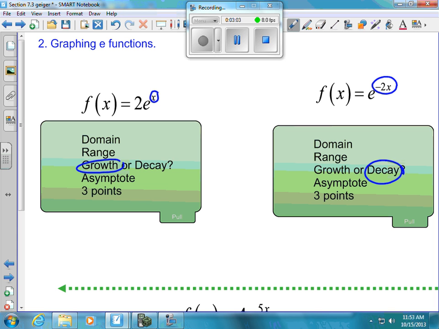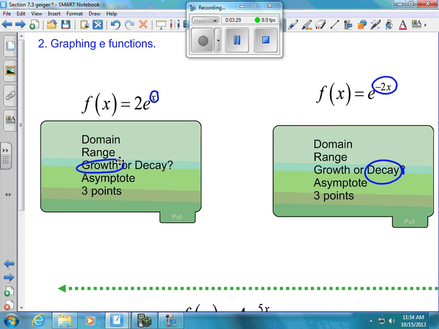Okay, what is the domain of this? Well, domain is the limit, if there is one, on the x values you can plug in. Sometimes there are x values you plug in that will make a graph undefined. For instance, if you plug something into the denominator of a function, and the value makes the denominator 0, you can't use that x value. You would exclude that from the domain.